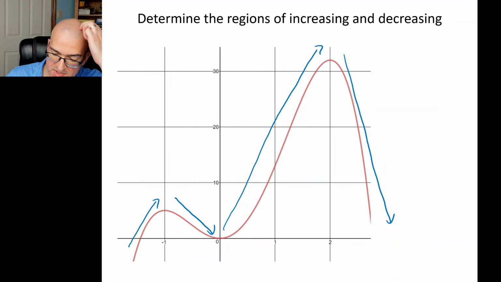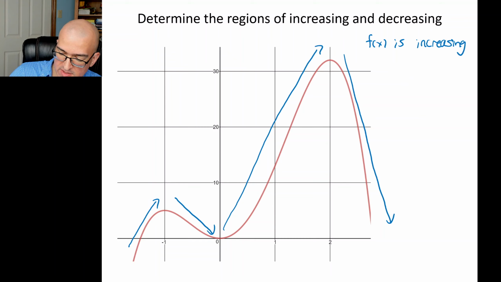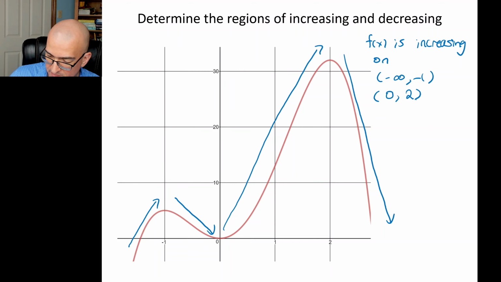I'll be a little bit more specific. I'll put it in words or put it in math. I'll say this f of x is increasing in the following intervals. Increasing on the interval from, it looks like, minus infinity all the way to minus 1. And then it's increasing again from 0 to 2.